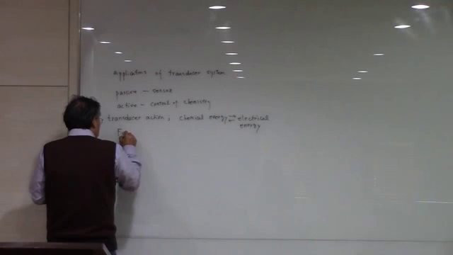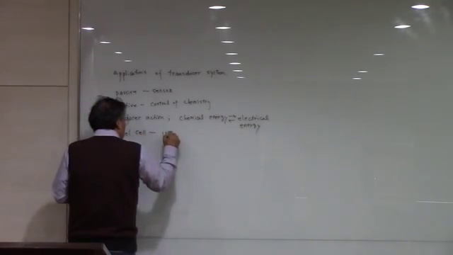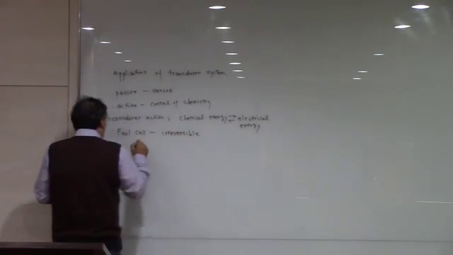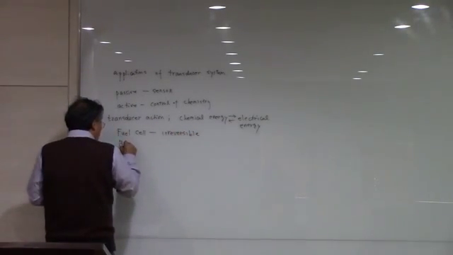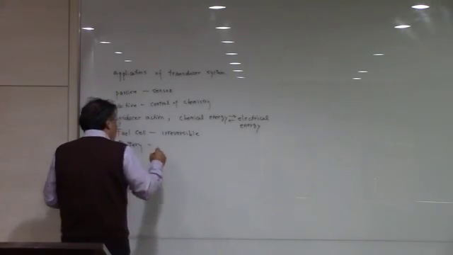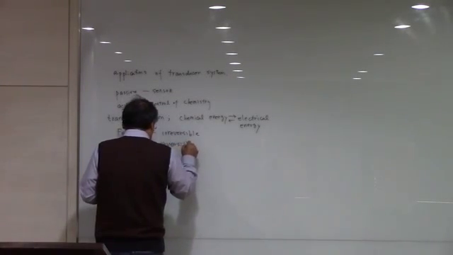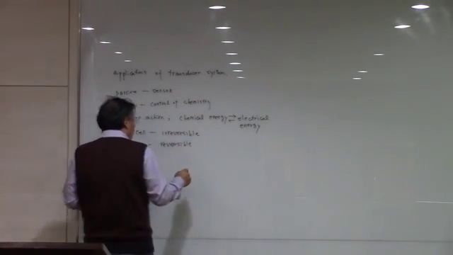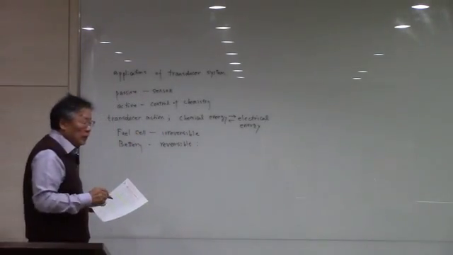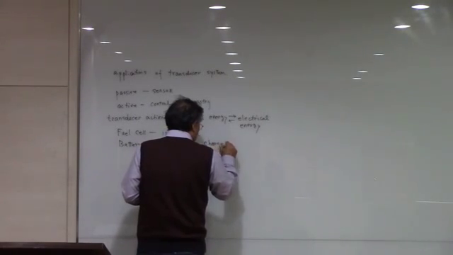And for example, the fuel cell is an irreversible reaction, and the batteries can be reversible. Here in the battery case, we call it charge, discharge, right? Charge, discharge.